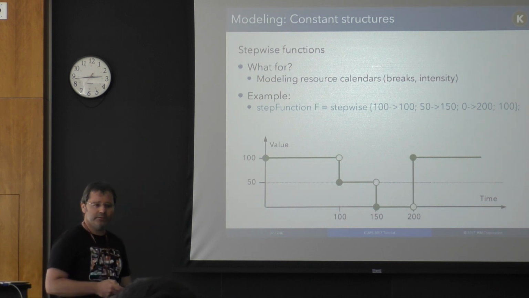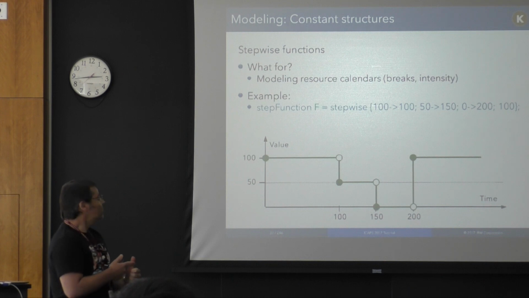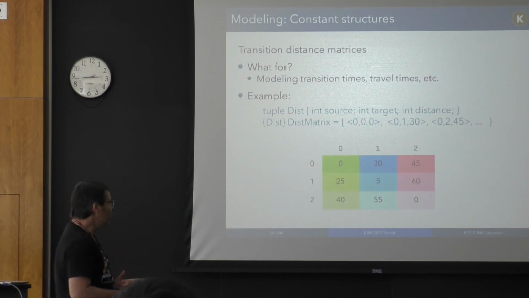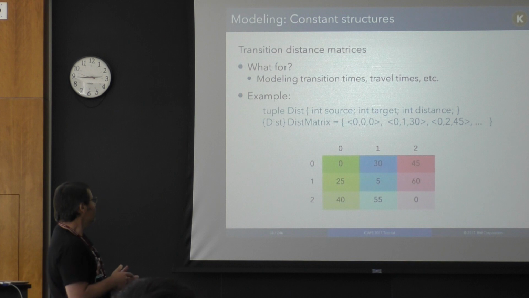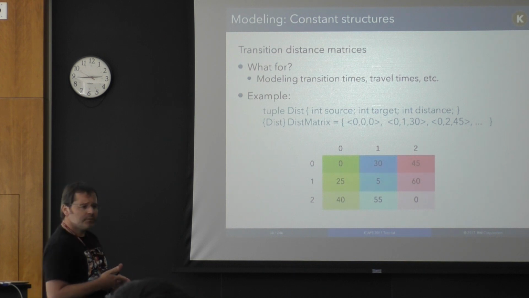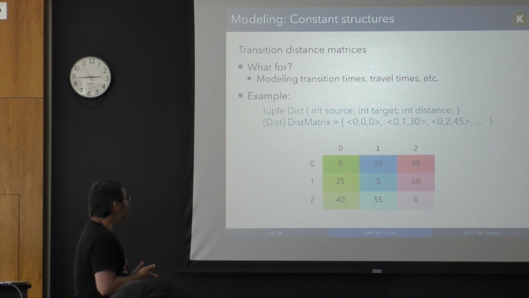Again, don't worry too much about the syntax. You can define these piecewise linear and stepwise functions, and all these numbers come from the data, of course, in general. The last constant structure that is very useful and that we use is the notion of matrix, especially what we call transition distance matrices.